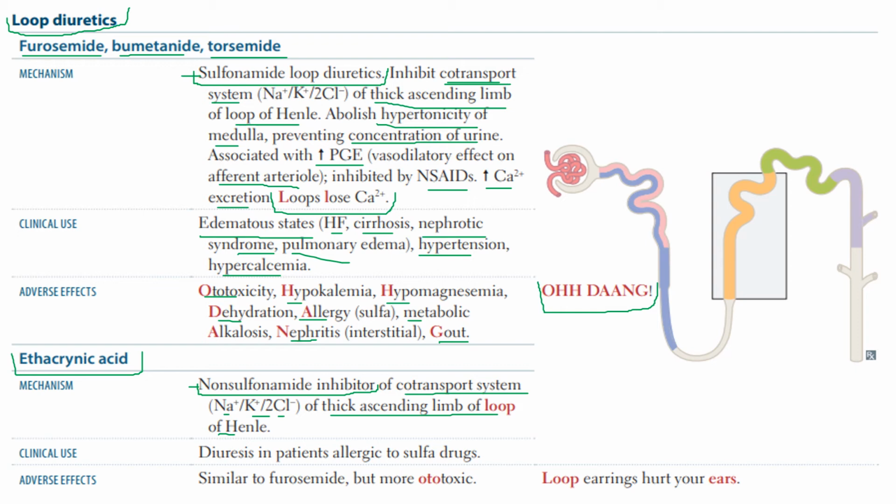Now, ethacrynic acid is clinically used for diuresis in patients allergic to sulfur drugs. Its adverse effects are similar to furosemide, but it is more ototoxic.